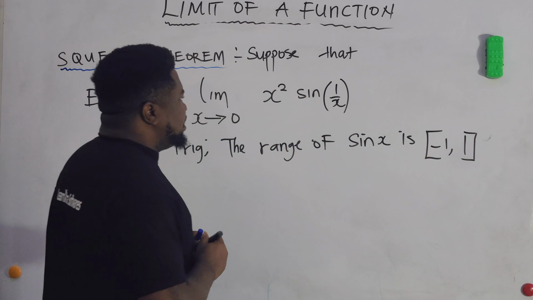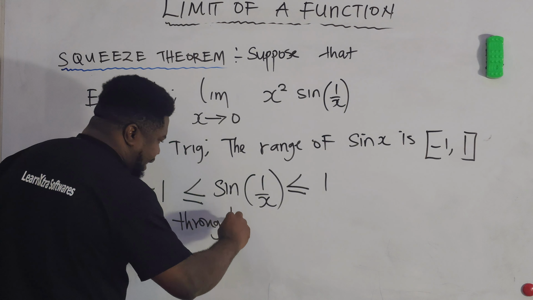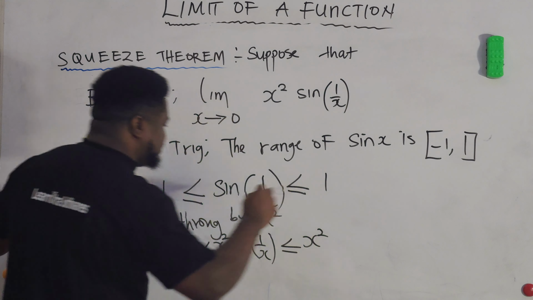So now what do we do? If I multiply all through by x squared, what happens? If we do that, it's going to be minus x squared is less than or equal to x squared sine 1 over x, less than or equal to x squared.